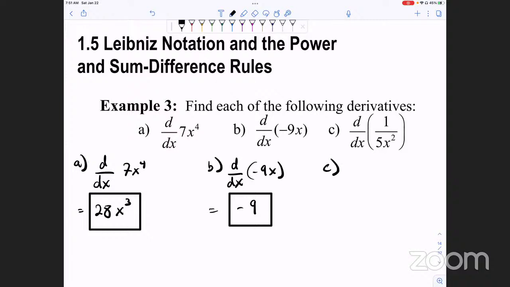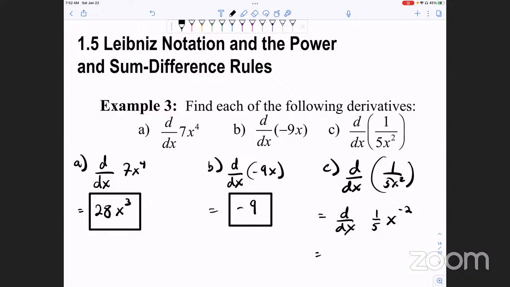For part C, we're finding d/dx of 1 over 5x squared. This is the same as d/dx of 1/5 x to the power of negative 2. The 1/5 can go in front, so we can ignore it for a little bit.